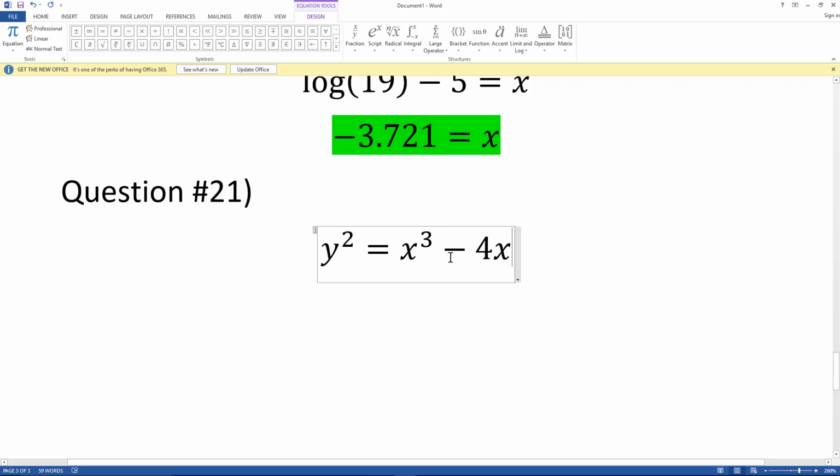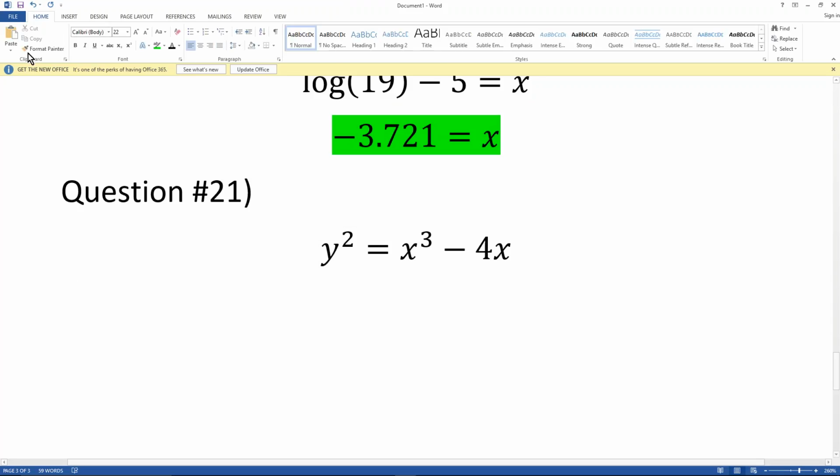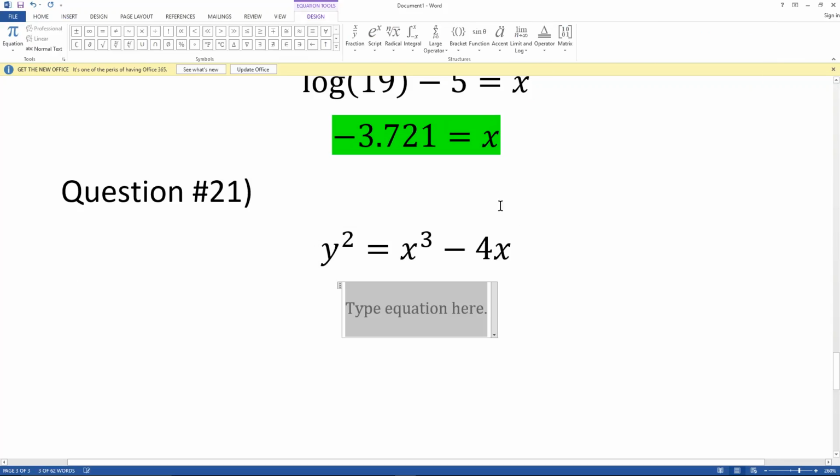It says to find the x-intercepts for each and the y-intercepts. Wait, Mr. Cantu, that's number 20. Oh, thank you.